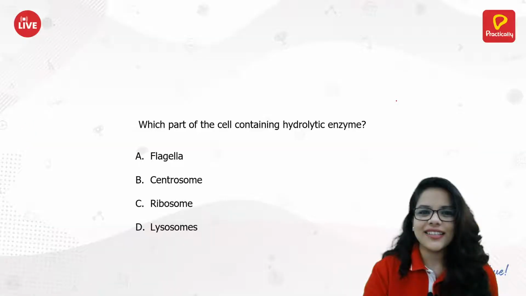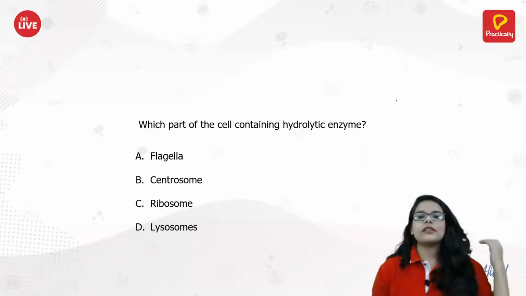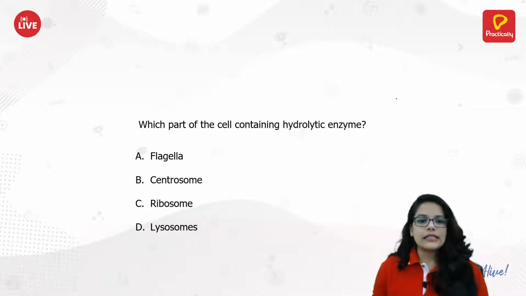Okay. Now, which part of the cell contains hydrolytic enzymes? As I said, different kinds of hydrolytic enzymes, hydrolases. These kinds of enzymes are not present in flagella, centrosome, or ribosome.